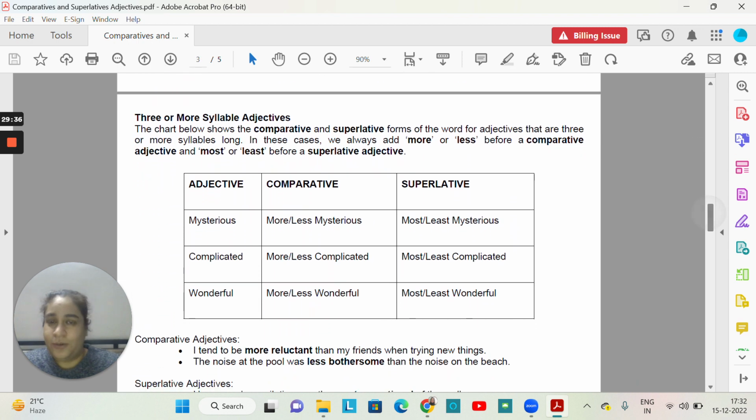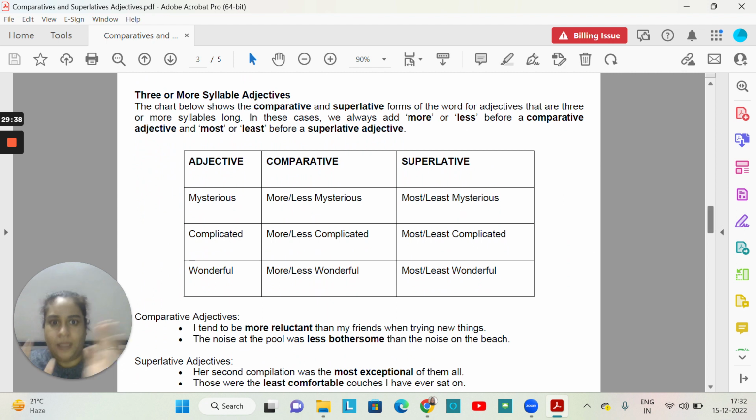Please note that down. Okay, now let's look at three or more syllable adjectives. Three or more syllable adjectives are words where you will hear three vowel sounds or even more than three vowel sounds. So then what do we do?